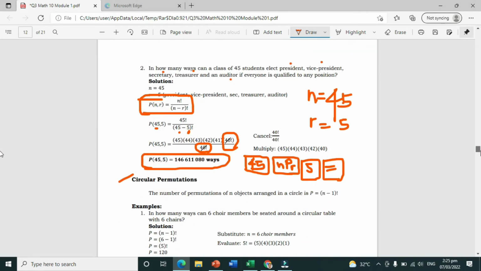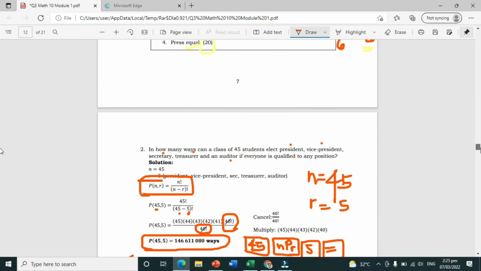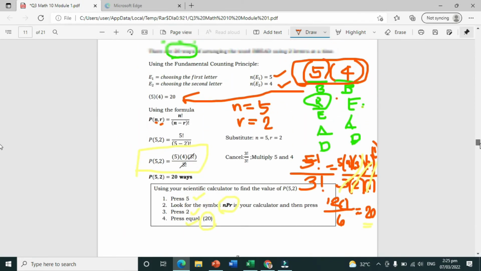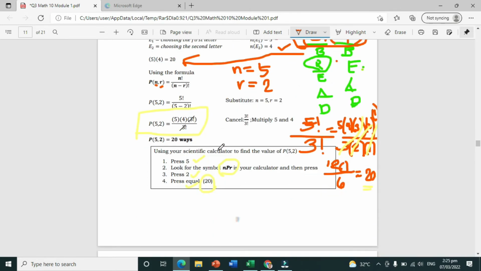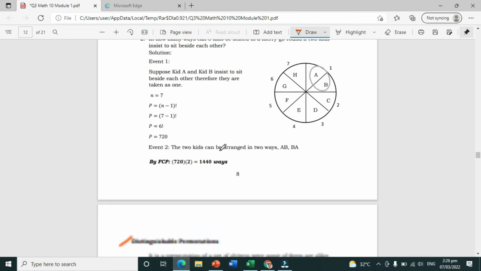So, pag sinabing taken r at a time, ito. For example, from the letters P, R, E, A, D, ang kukunin mo lang is 2 letters at a time. So, meaning, r na yung gagamitin mo, hindi na yung n.